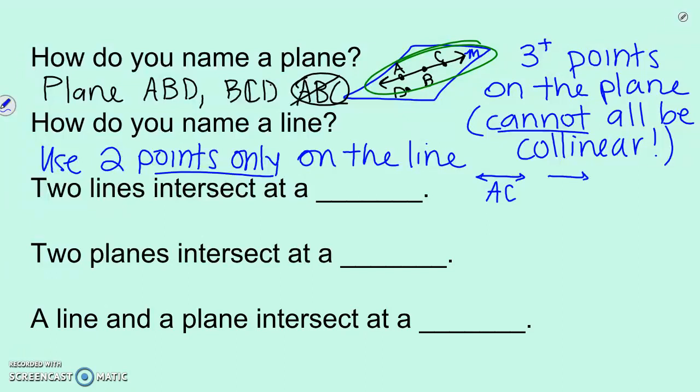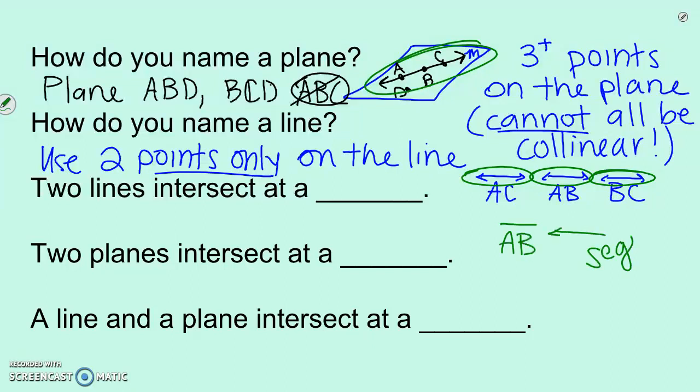I could call it line AB or BA. I could switch any of those, or I could call it line BC or CB. But the important thing is that it has to have these double arrows on top of the bar. If you just put something like this, that is referring to a segment. Okay? You have to have the arrows to make it a line. And if you wanted it to be a ray, you would just add one single arrow.